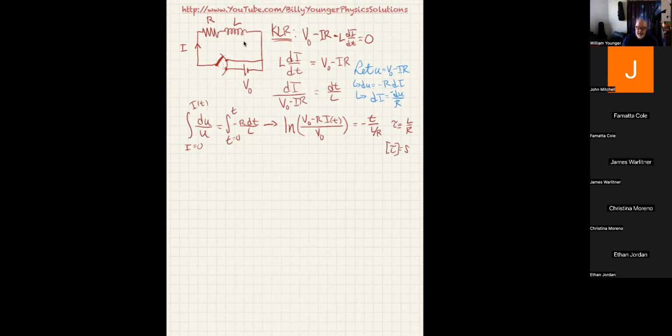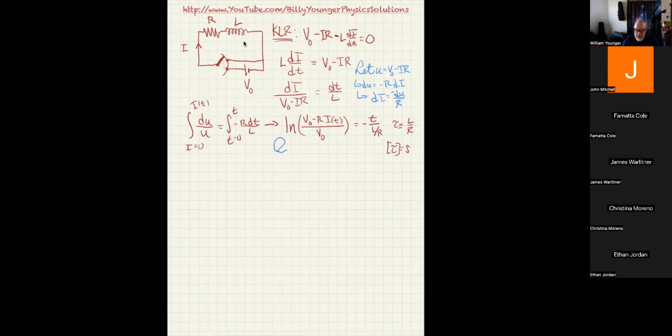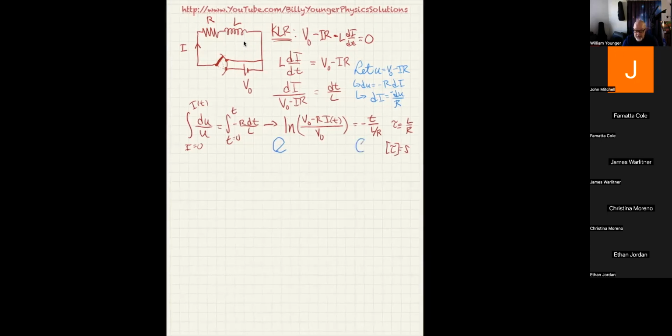Okay. Now, I would like to solve this for I of t, so I have I as a function of time. So what I'm going to do is raise e to the left-hand side power, and then raise e to the right-hand side power, and set them equal to each other. Of course, once you raise e to the power of natural log, the argument of the natural log is the answer.